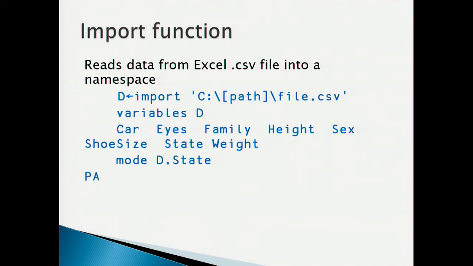It puts all the variables into a namespace, and then you dot into the namespace to get the value state, which is a vector of vectors, and then it will capture the most frequently occurring state in the list. Similarly, I could do it with a numeric variable, calculate the median, the mean, standard deviation, whatever you want. Okay, coming directly out of the data, comes directly out of a CSV file.